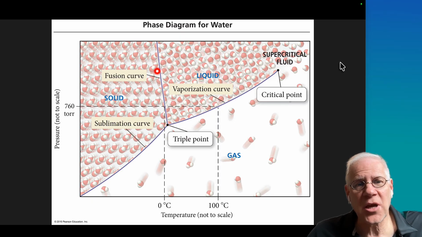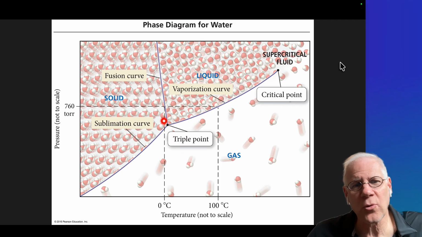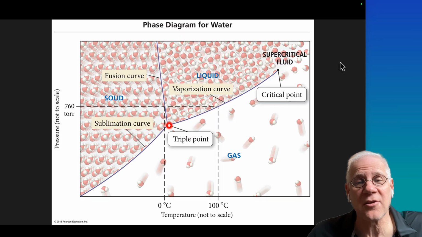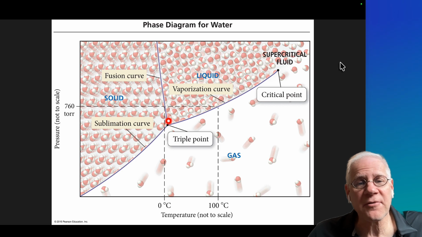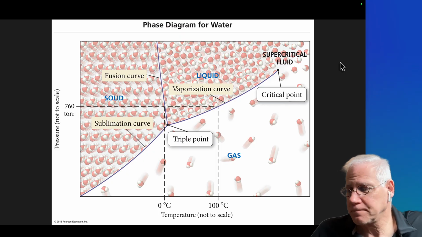But because of the shape of your fusion curve, it's pretty much always going to cross. I don't know of any substances where it doesn't cross, but that doesn't mean that there aren't any. But because of the shape for water, you do get a point where these lines all cross, and we call that a triple point. And so it happens just a little bit above freezing and a little bit below atmospheric pressure.